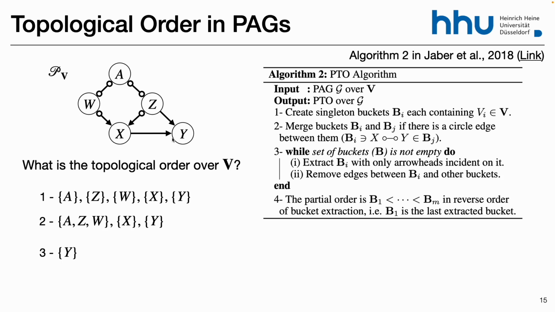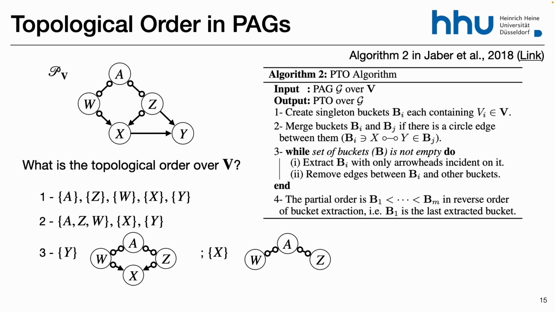So we extracted from the list of buckets this one that has only arrowheads into it. Now remove edges between Bi and the other buckets. We remove the edges that are connecting this bucket to the others. So now we have this graph, and we apply again the procedure. We extract a bucket that has only arrowheads incident on it, which now is X.